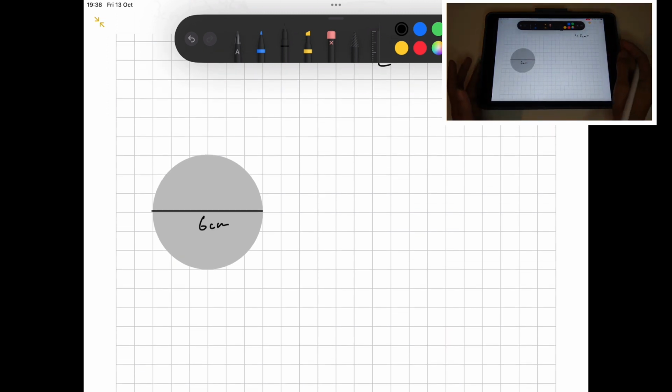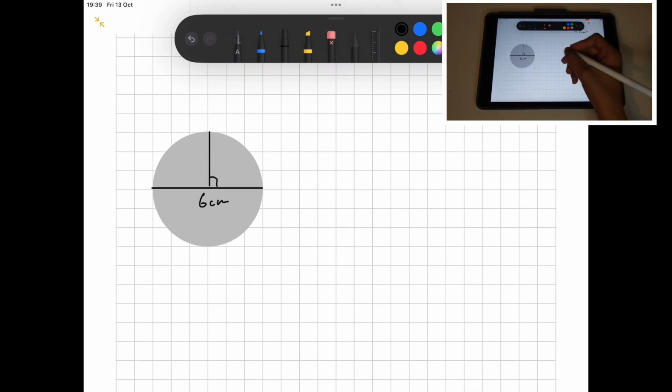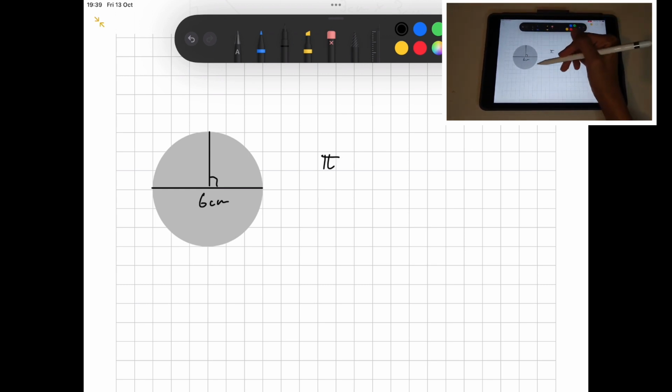What you want to do to calculate this circle's area is, how should I phrase this? So you want to find the radius, which is half of the diameter. So the radius is actually, not that it matters, but you want to go from the center usually. So you want to do pi, which is like the amount of diameters that fit in the circumference, or the outside of a circle.